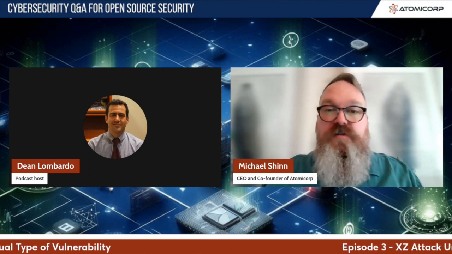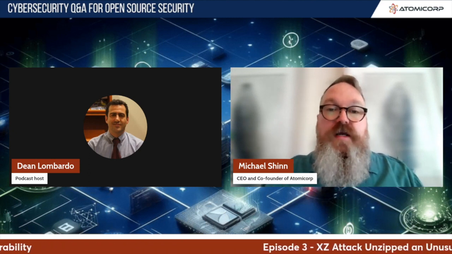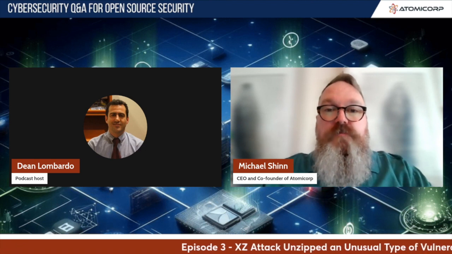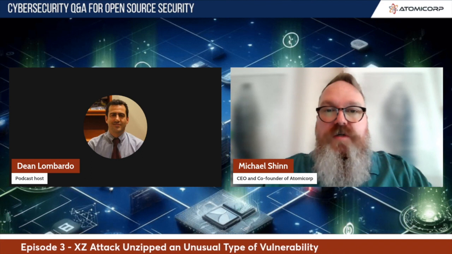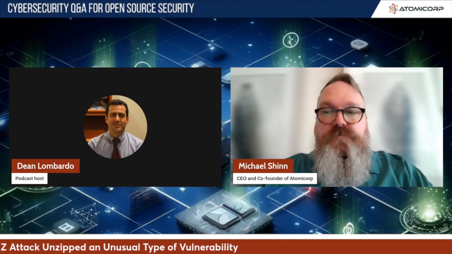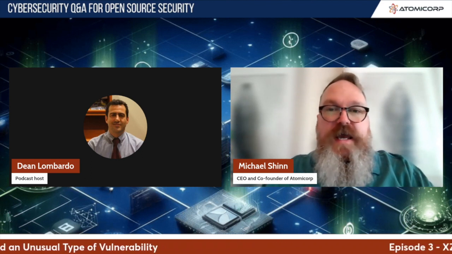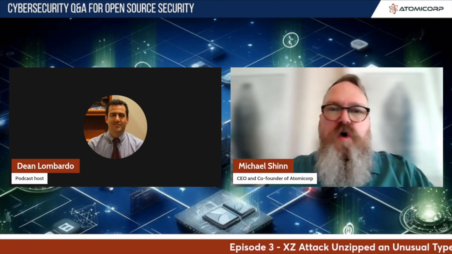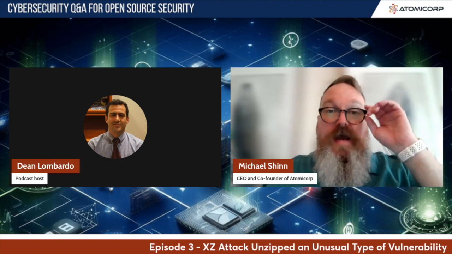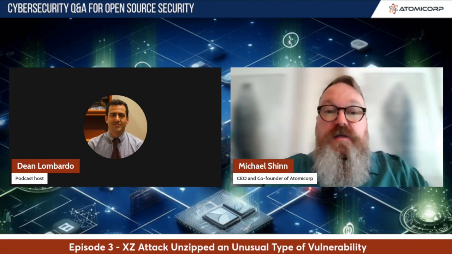People's home routers and things like that weren't running this newer version. But there was one Linux distribution, I don't recall off the top of my head which one it was, that's more on the cutting edge, that would pull in the newest versions of software. So there was one distribution out there that happened to have it if you had updated.